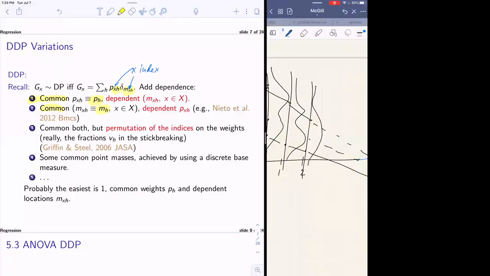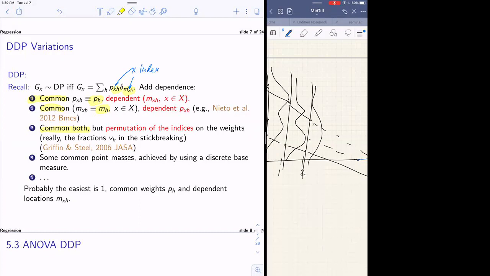So that's one motivation, to have common locations, not to move on the locations, and to just allow varying weights. That's the second case. The third case is a bit weird. Common both, but we scramble the way how we allocate weights to locations. That's a bit specialized. The first two are about the most common ones.